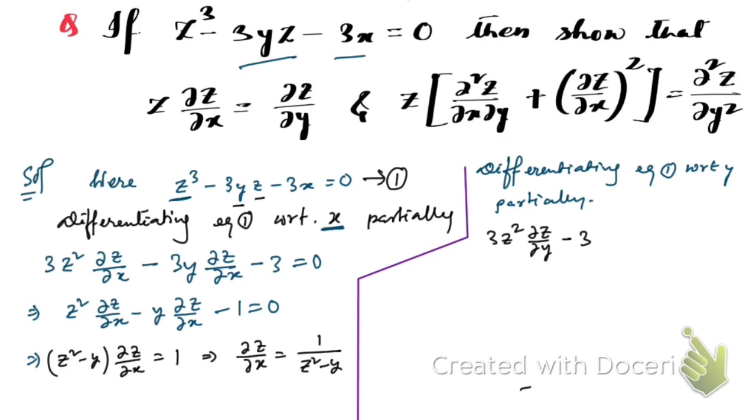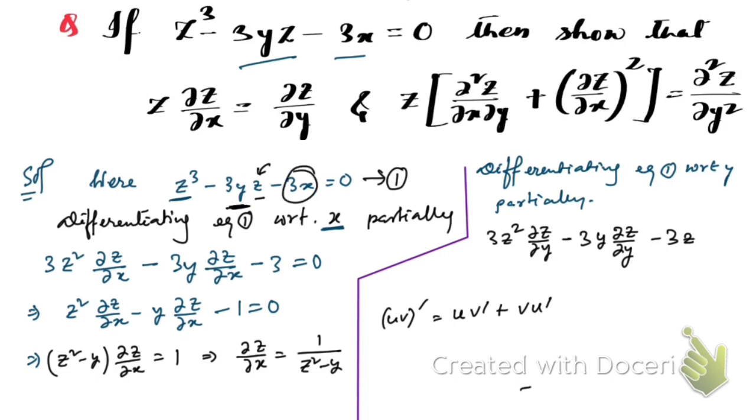So 3, using the product rule, that is the derivative of a product of two functions: first function times derivative of second function plus second function times derivative of first function. Considering y as the first function and z as the second function, we get y into del z by del y, then plus, because of this minus, that plus becomes minus, 3 times derivative of y, which is 1, into z.